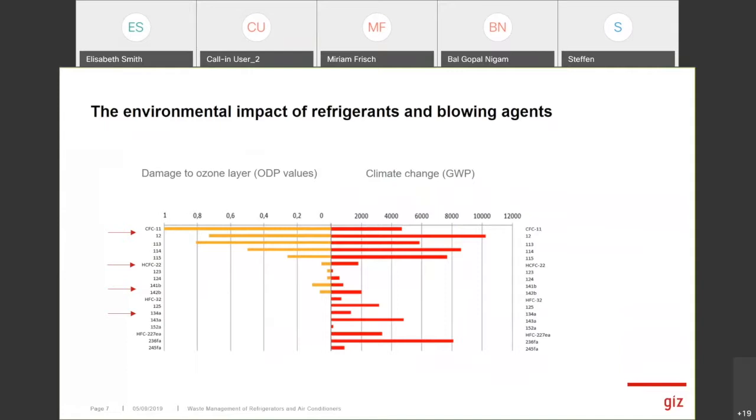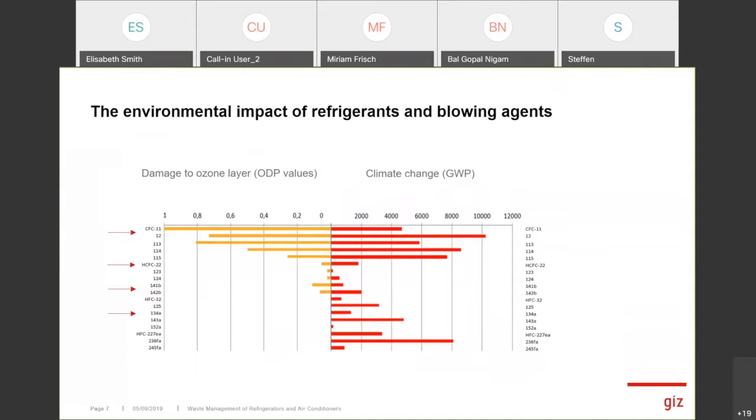And for the foam blowing agents, HCFC 141B has an ozone depleting potential of 10% of that of R11, which is a baseline substance, but a global warming potential of 700.